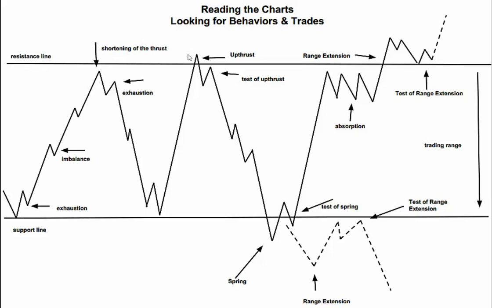There's nobody left to continue the move. So it has to be kind of a well-contained spring or upthrust. Don't look for those huge ones and go, oh my God, this market's going to take off, because that's not what happens. Okay, there has to be people or trades left over after it closes in order for it to actually make that potent move.